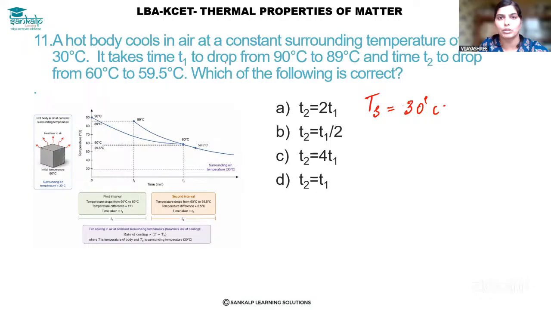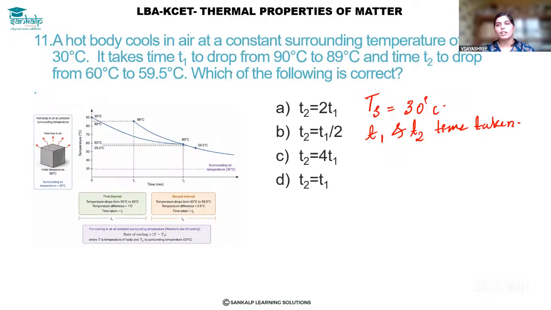It takes time T1 to drop from 90 degrees Celsius to 89 degrees Celsius. And it takes time T2 to drop from 60 degrees Celsius to 59 degrees Celsius. T is the time taken, T1 and T2 are the times taken, right? So what are the initial and final temperatures?